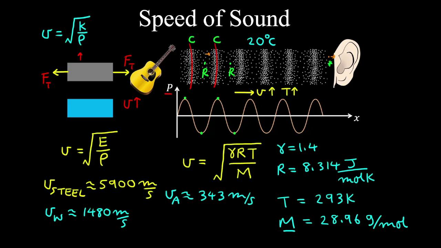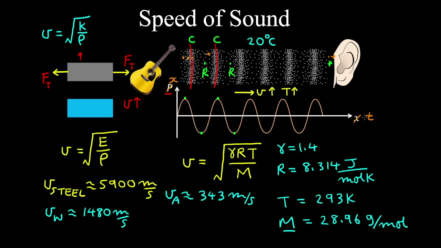So for example, if you track one particle and take the vertical axis as the displacement of the particle from equilibrium in the horizontal direction, and the horizontal axis as time, then this particle starts at the equilibrium position and oscillates back and forth in a periodic manner.